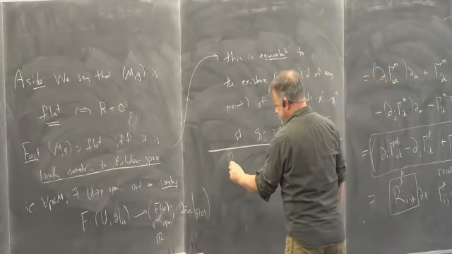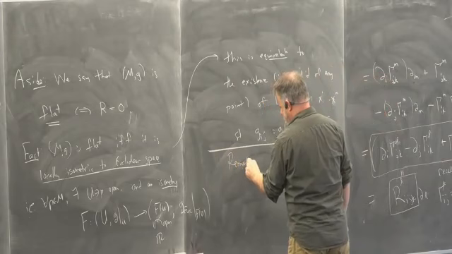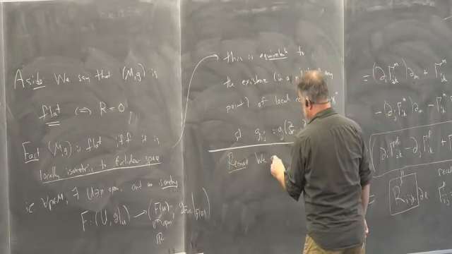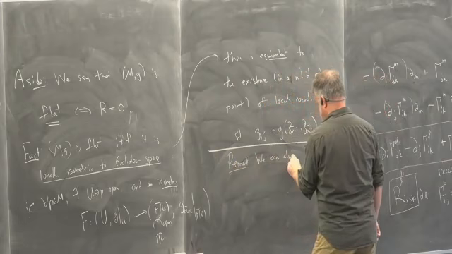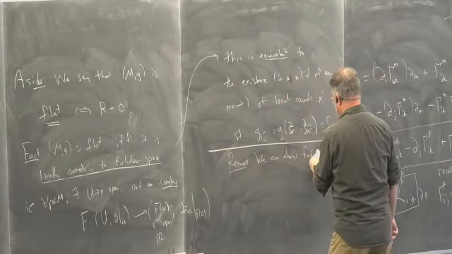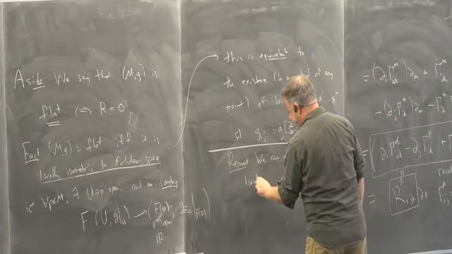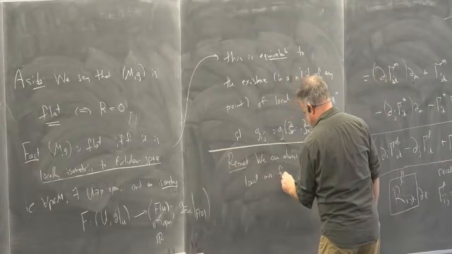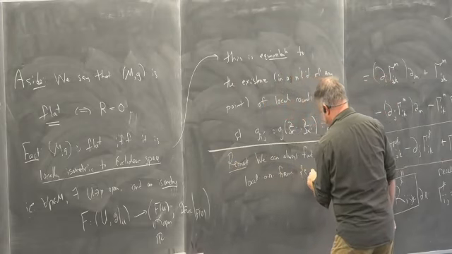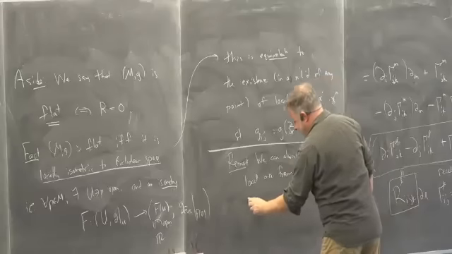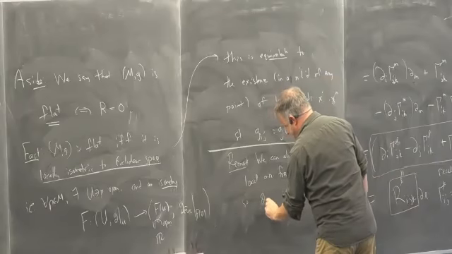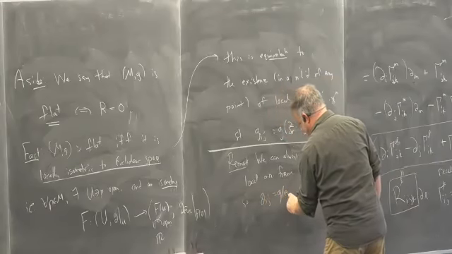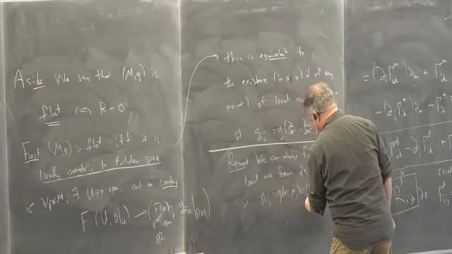Let me make a remark. We can always find a local orthonormal frame, E1 up to En, so Gij is g of Ei, Ej is delta ij, right?